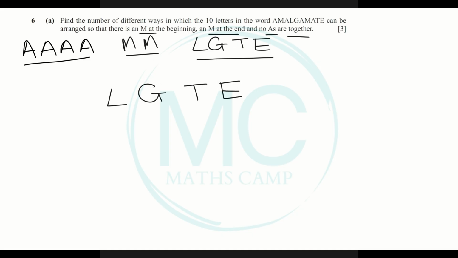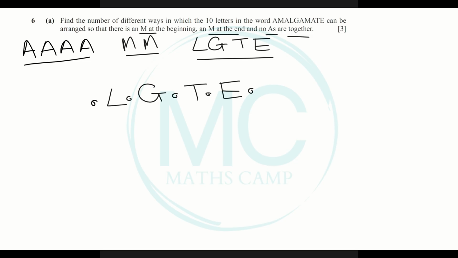The only way that the 4 A's will not be together is if they sit between these letters. So in these spots over here. And we can use this to find the number of different arrangements. Arrangement matters, so we need to consider factorials.